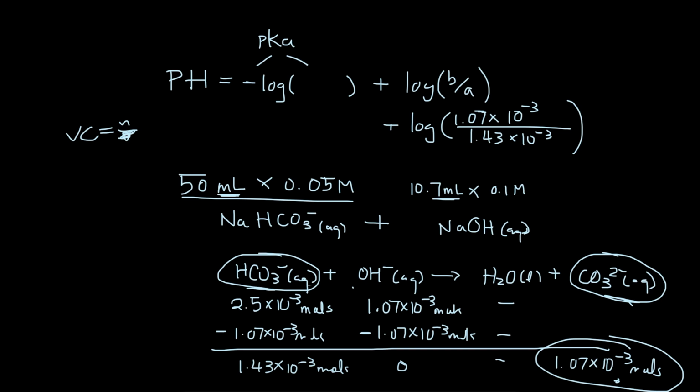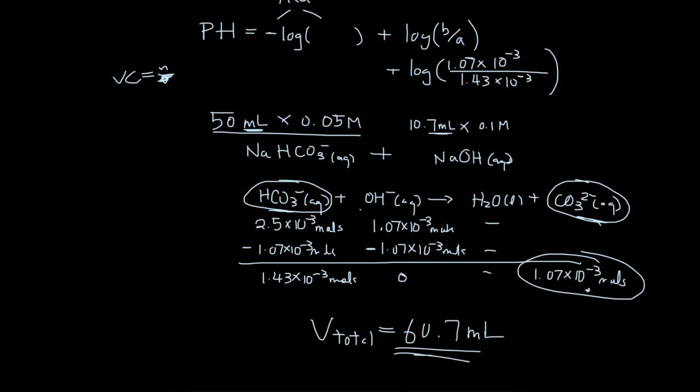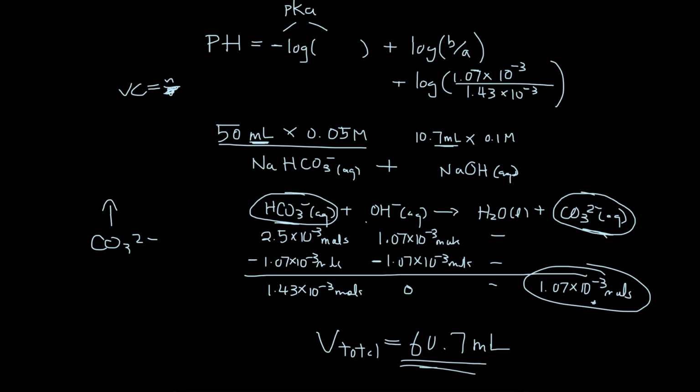So the thing is, which pKa do we choose? Because our carbonate here is actually a polyprotic acid where there are other forms. So there's going to be a Ka1 and a Ka2.